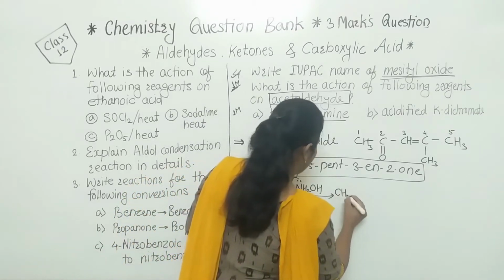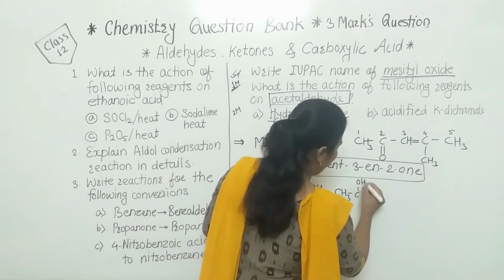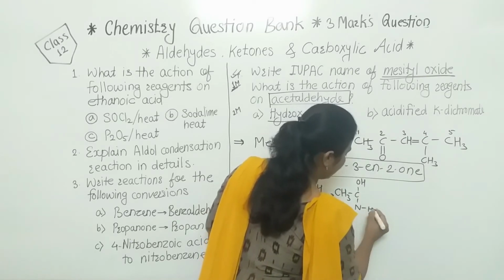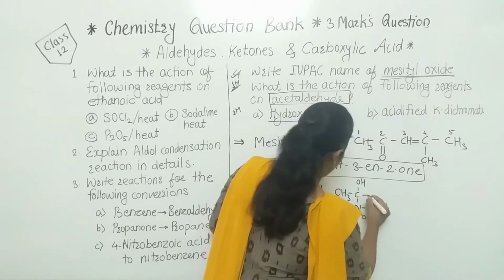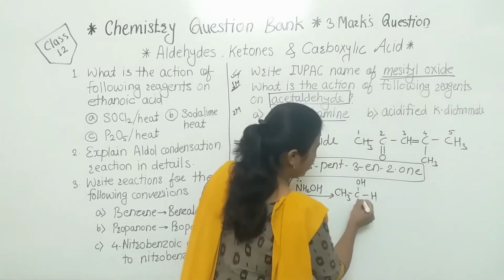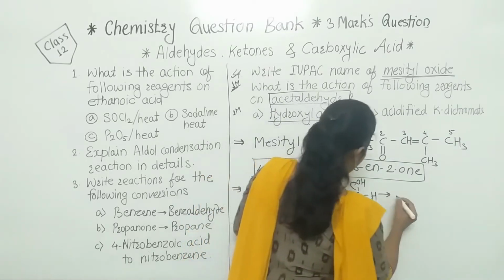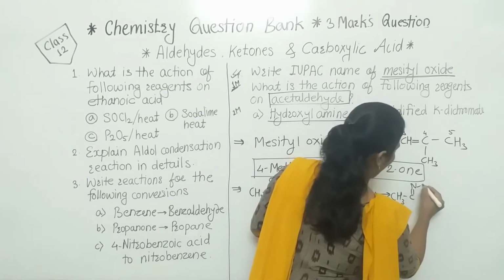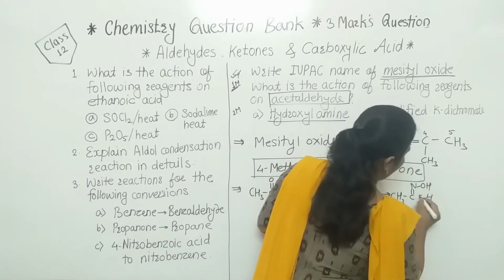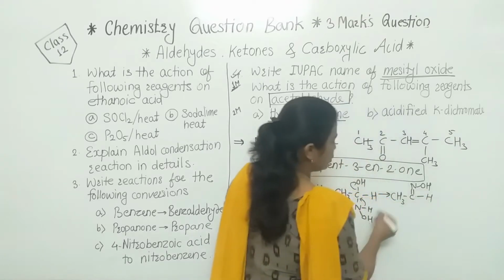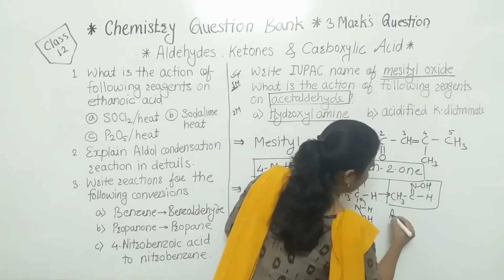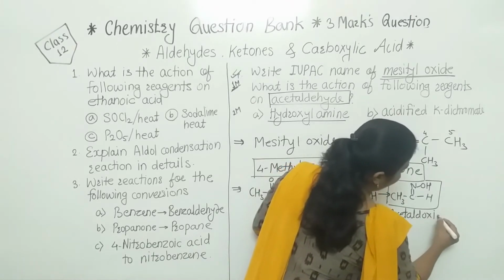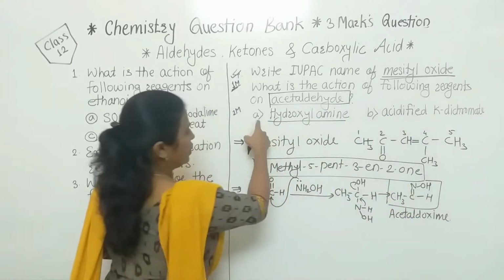We will get here CH3, CH, OH, NH, OH. By the removal of the water molecule, we are getting the oxime, and this is the structure of this oxime. So the name of this oxime is acetaldoxime. So here we have completed that one reaction.